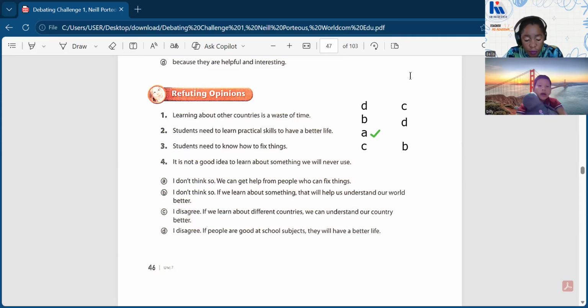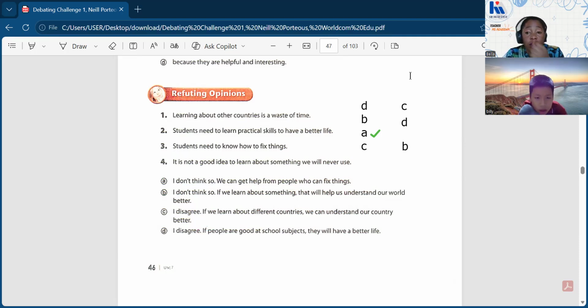Learning about other countries is a waste of time. Students need to learn... Sorry, teacher. If we learn about different countries, we can understand our country better.